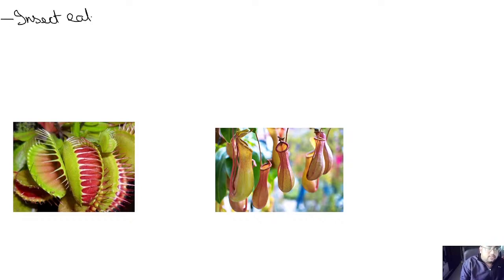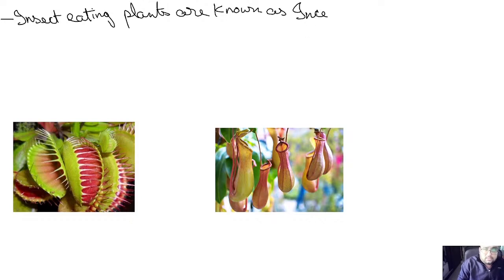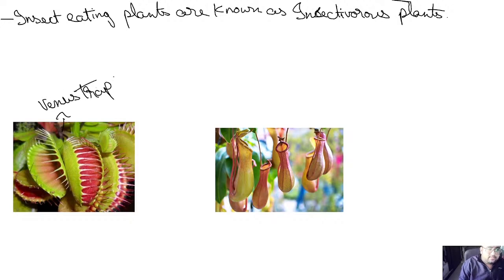Insect eating plants are known as insectivorous plants. As you can see, this is known as Venus flytrap, and this is known as pitcher plant.